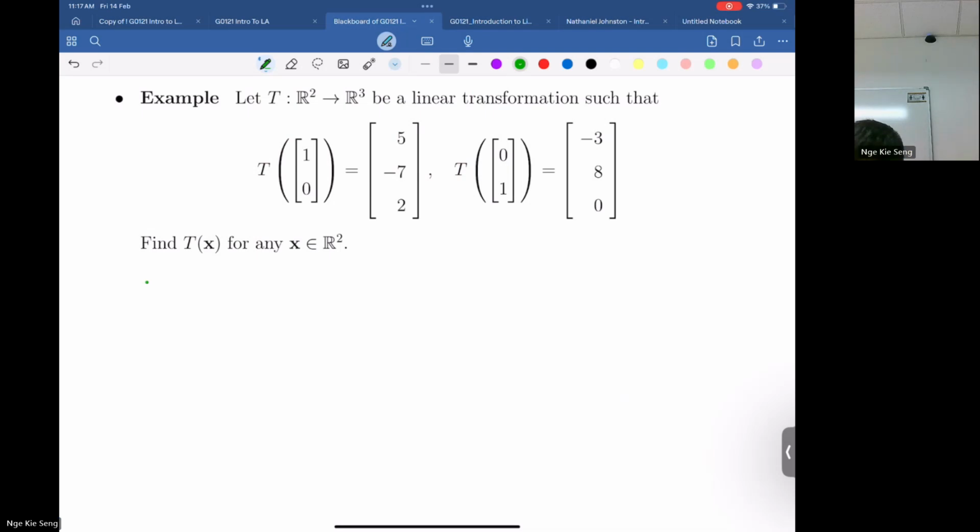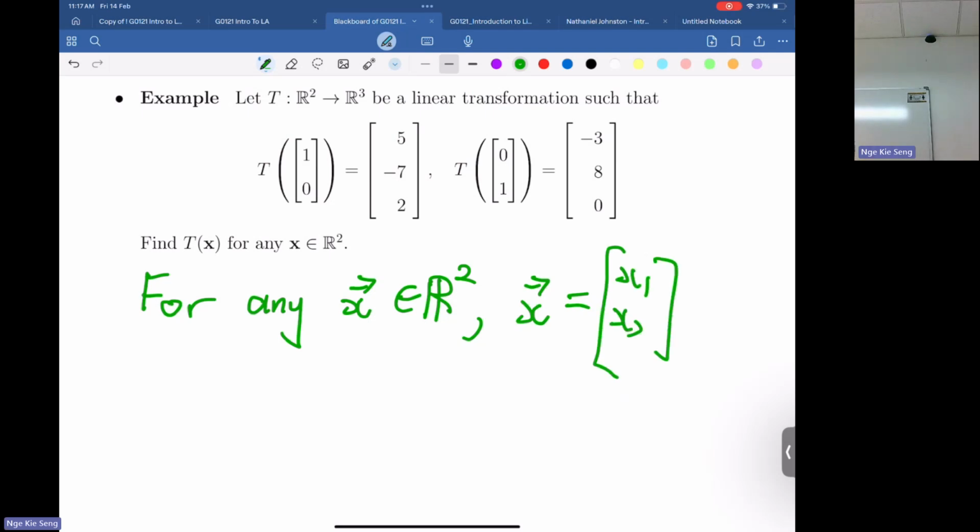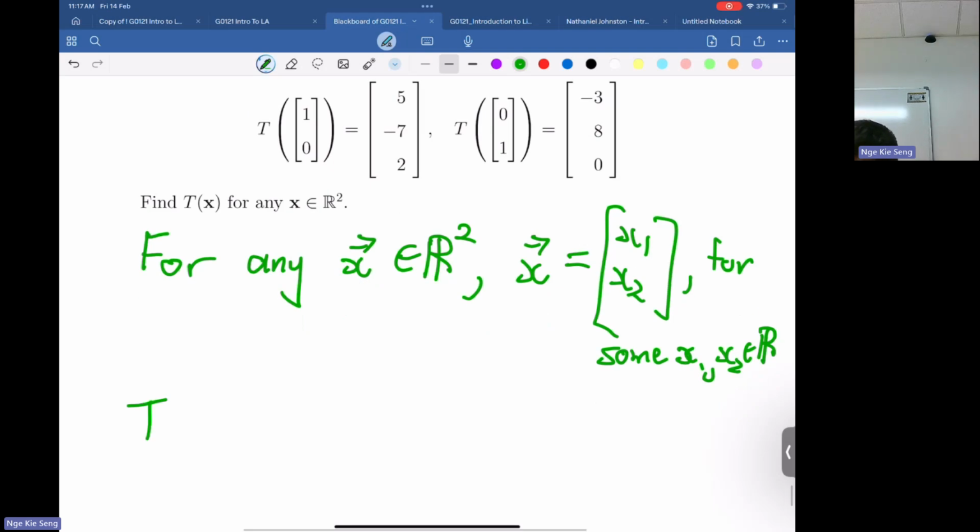So for any x in R2, how do we write this x? x is equal to, let's say, (x1, x2), for some x1, x2 in R. The question is, how do we figure out T of (x1, x2)? Still remember?